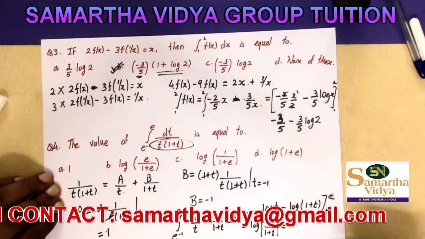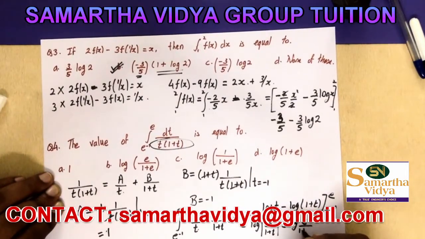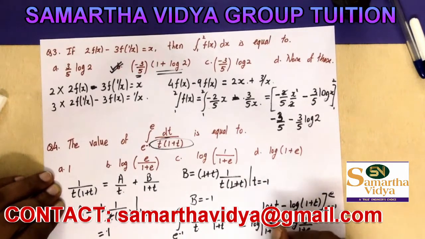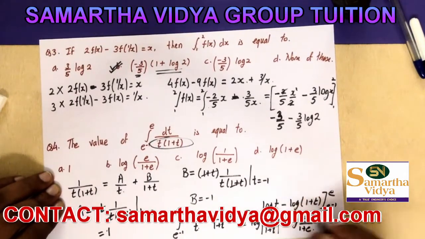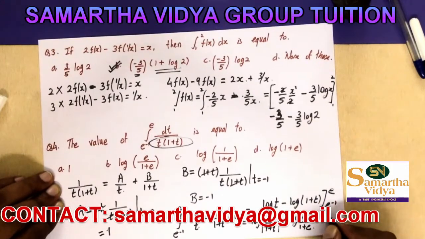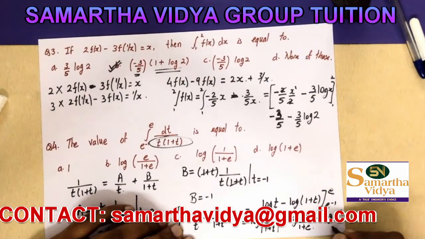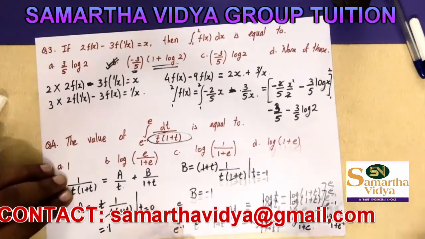So I will be substituting in this, so it becomes log e upon 1 plus e. Substituting in this, it's going to be e raised to minus 1, so minus, because it's the lower limit, minus log e raised to minus 1 upon 1 plus e raised to minus 1. So this is what we are getting.